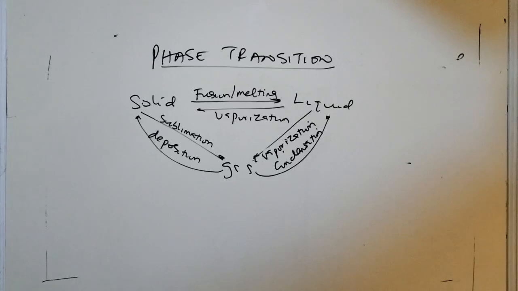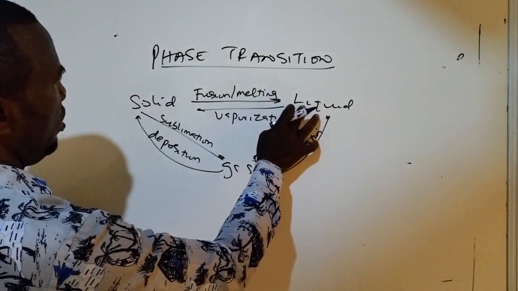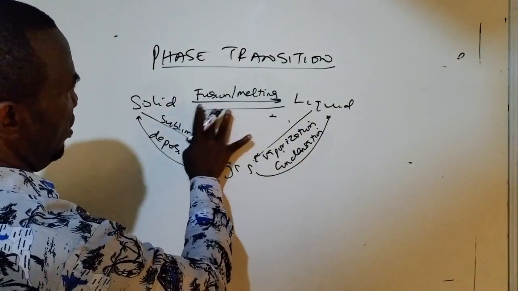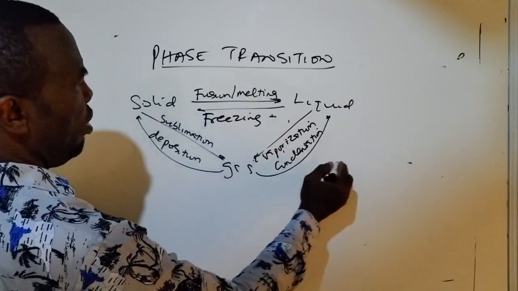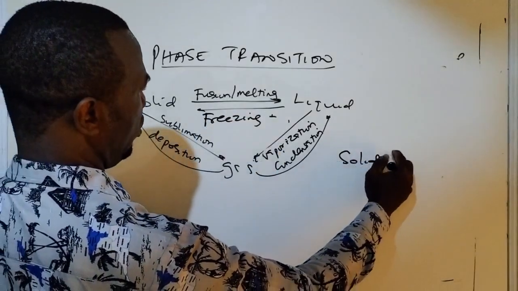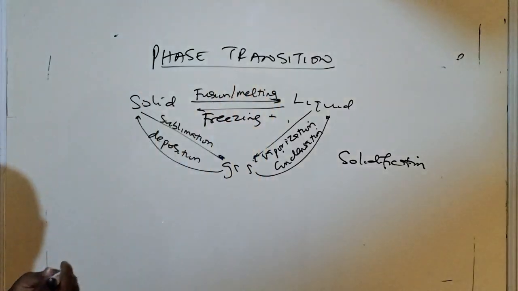That is an error. Liquid turning to solid is called freezing. Correction: freezing or solidification. So you see, the two changes occur at the same temperature for every substance.